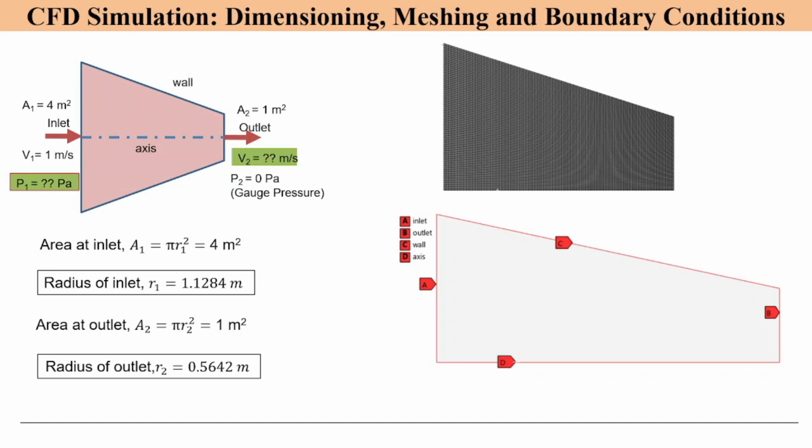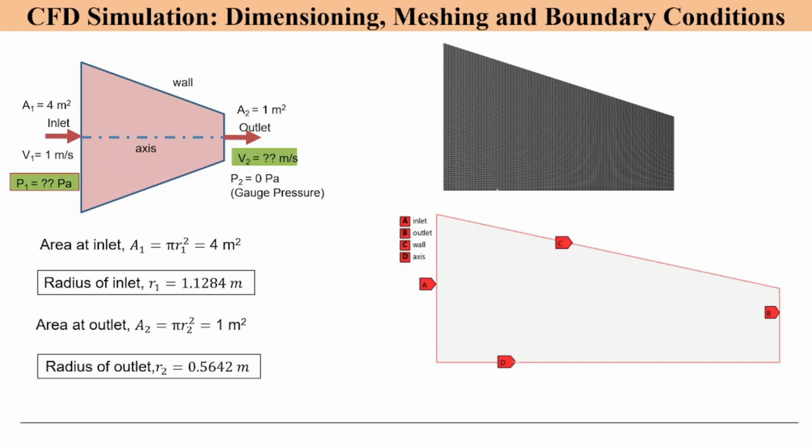Now once we have this section, we should have the dimensions to create the geometry in SpaceClaim or Design Modeler in ANSYS Fluent, right? So to get the value for this height, which is actually the radius, I have the equation A1 equals pi r1 squared, which is the cross section area at the inlet, and A2 equals pi r2 squared, which is the cross section area at the outlet.